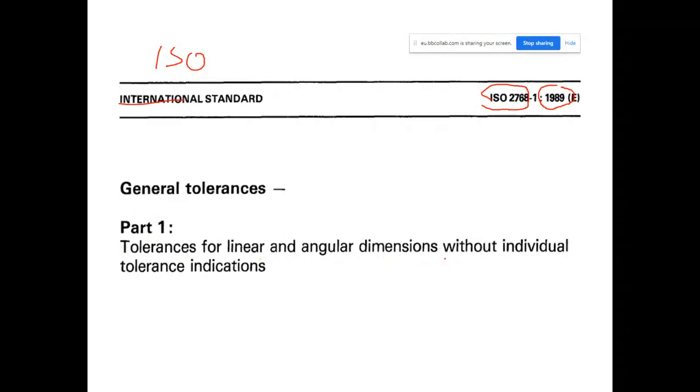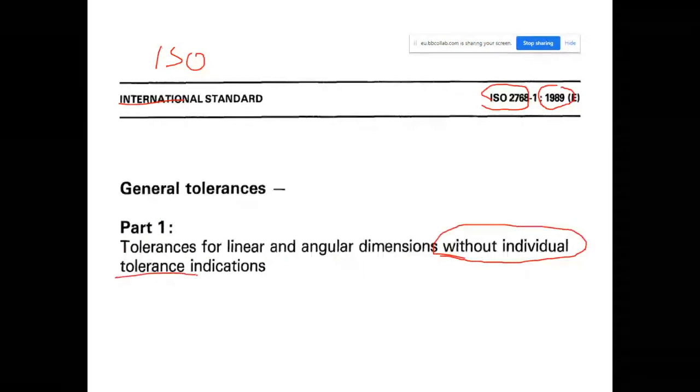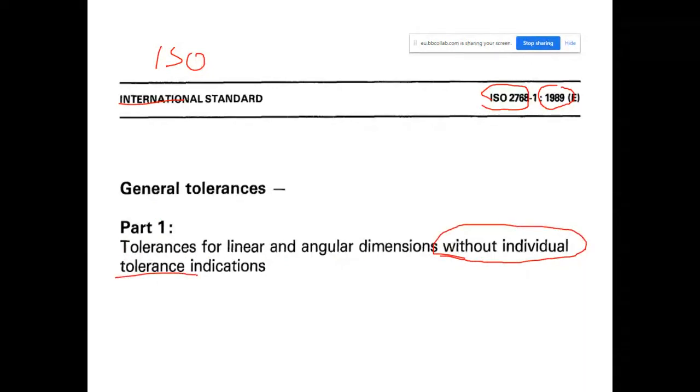In the explanation, it is written, you see, if the dimension has no individually determined and shown tolerance grade, then yes, this is the correct document to refer to. For non-functional dimensions, refer to the first part of the publication. Why?